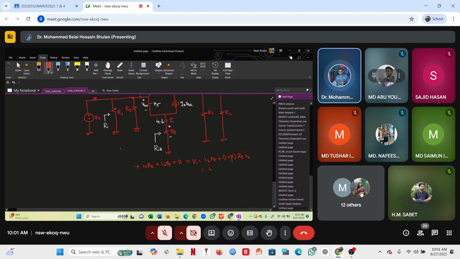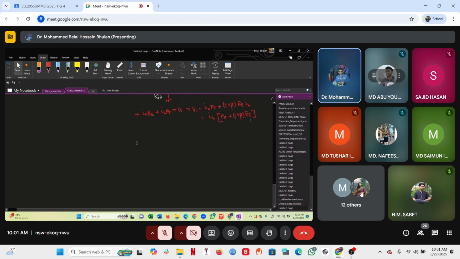If I take IB out, then I get R pi plus 1 plus beta RE. Okay. So now I found the expression for VI.